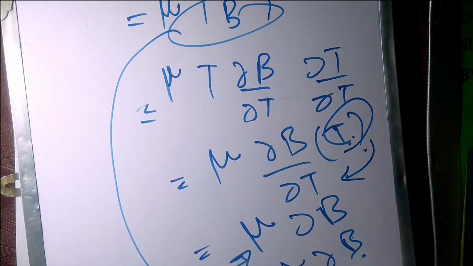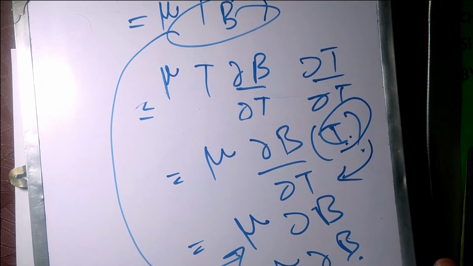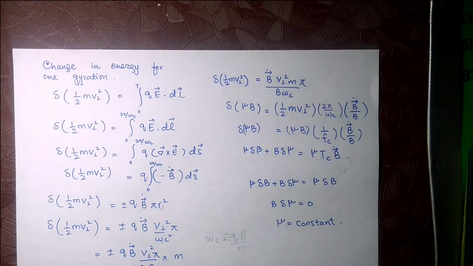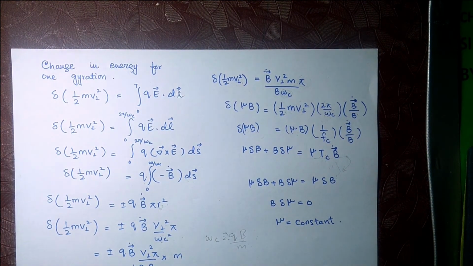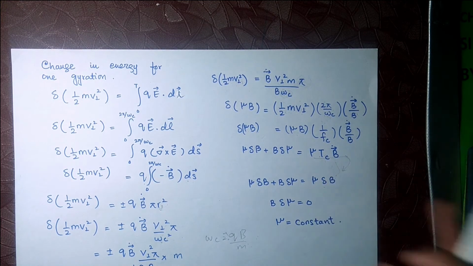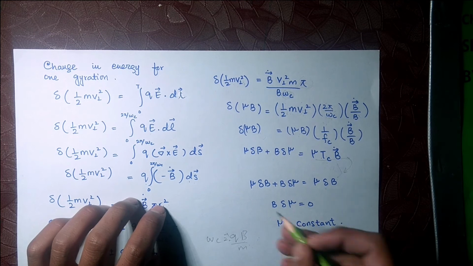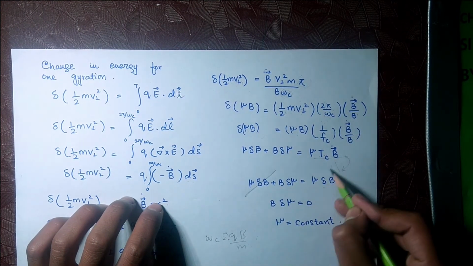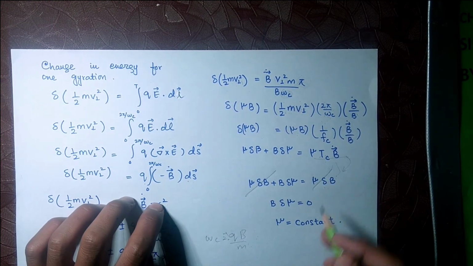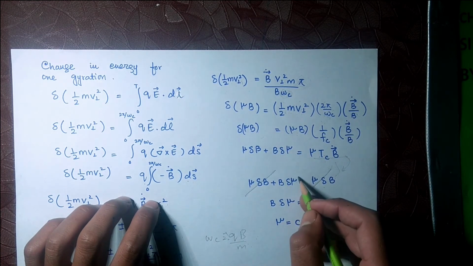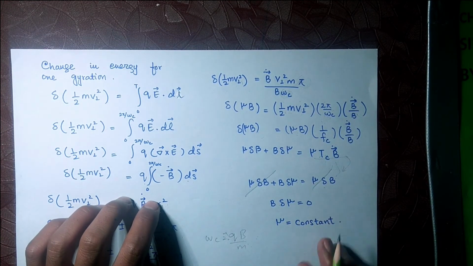This partial is replaced again for a small change. This partial is replaced by the del B. So this equation equals this one. Okay, so now cancelling out the same, this is cancelled out with this one, and B del mu is equal to 0.